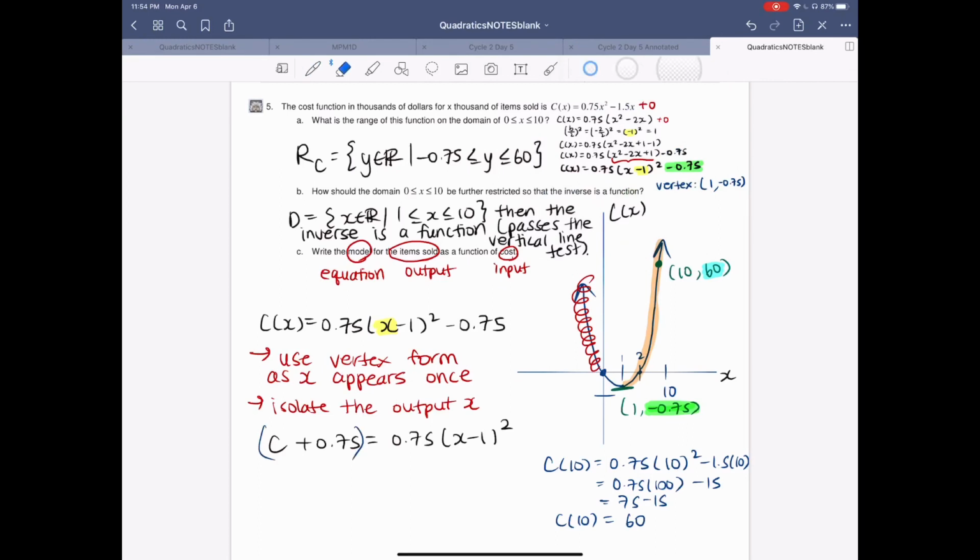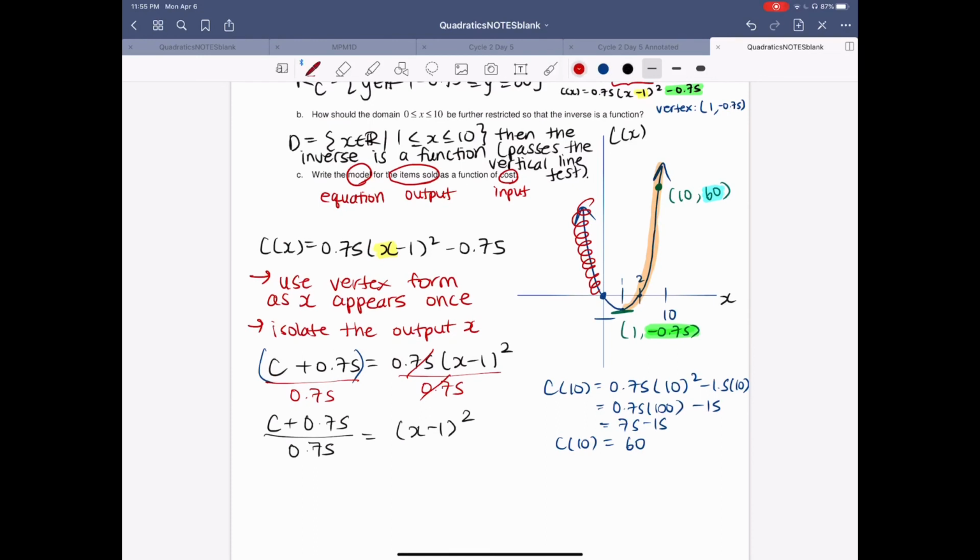I am not going to touch the brackets, and I want to instead divide both sides by 0.75. Notice I put the brackets on the binomial, so I'm not tempted to cancel anything out when it's not supposed to be. So (c plus 0.75) divided by 0.75 is equal to bracket x minus 1 squared.